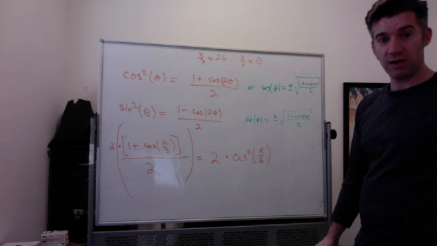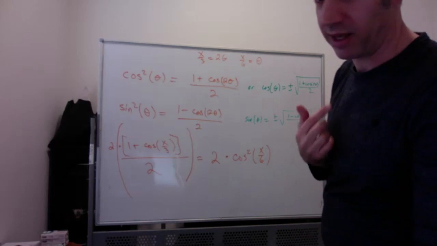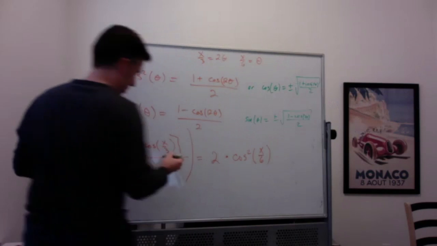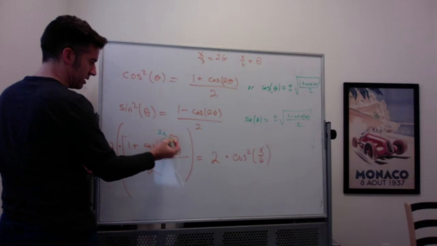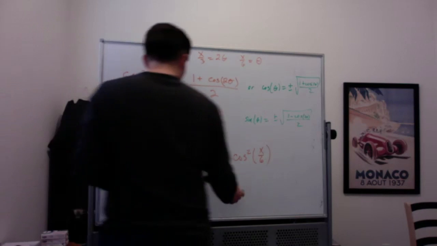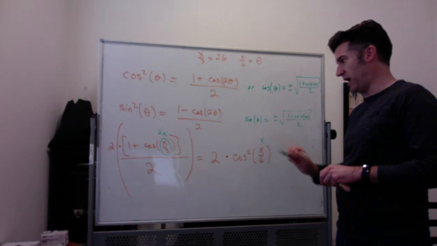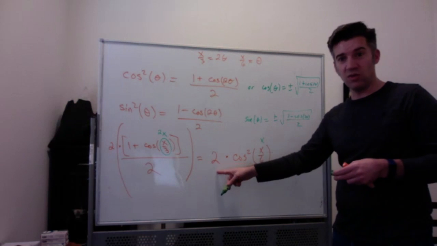That's kind of funky. In the problem you're actually working on in the homework, you get the much nicer 2x here, so when you write this, you'll get 2 cosine squared of just x instead of x over 6. But you still have to deal with that 2.